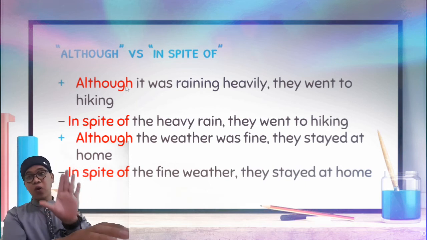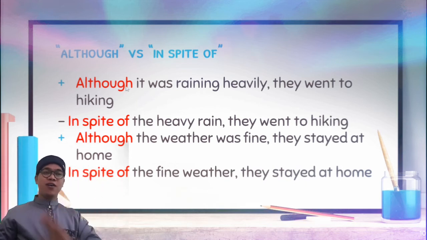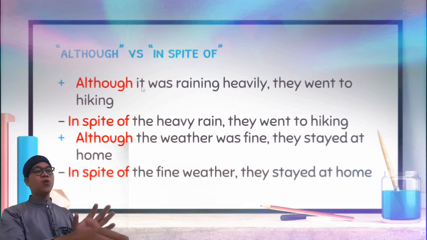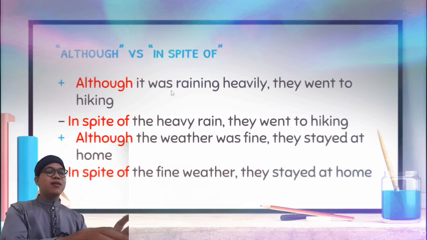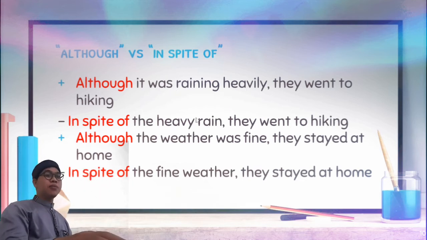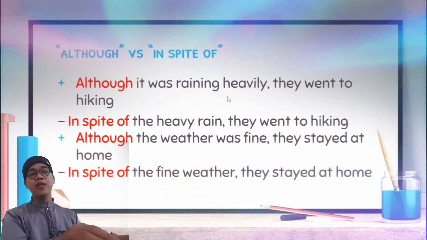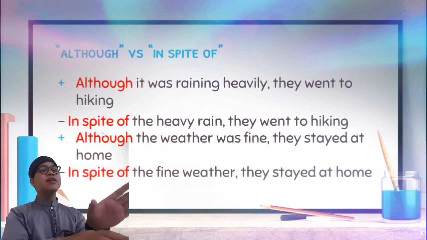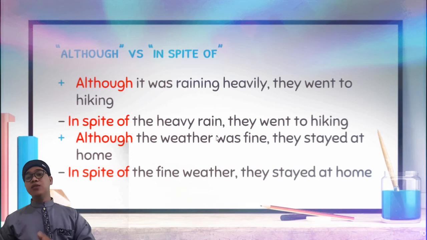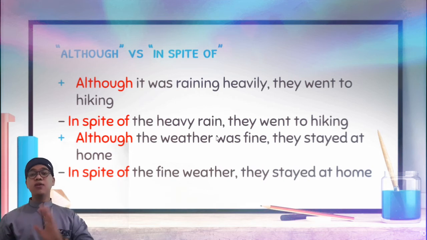Although is always followed by a clause. A clause has a subject, a verb, and an object or a complement. It was raining heavily is a clause, but in spite of the heavy rain talks about a noun, the rain.